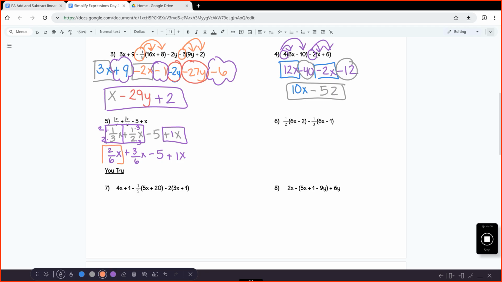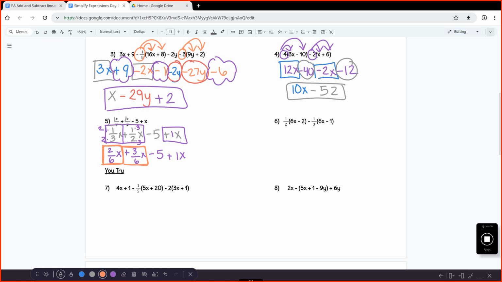All right, so now I have 2x plus 3x. That gets me 5x. Sorry, 6x, right? So let me repeat that again. We have here 2/6x plus 3/6x, and that gets you 5/6x.